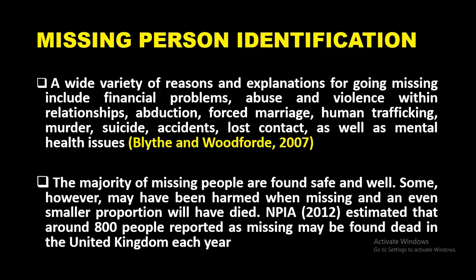The majority of missing people are found safe and well. Some, however, may have been harmed when missing, and an even smaller proportion will have died. NPIA in 2012 estimated that around 800 people reported as missing may be found dead in the United Kingdom each year.